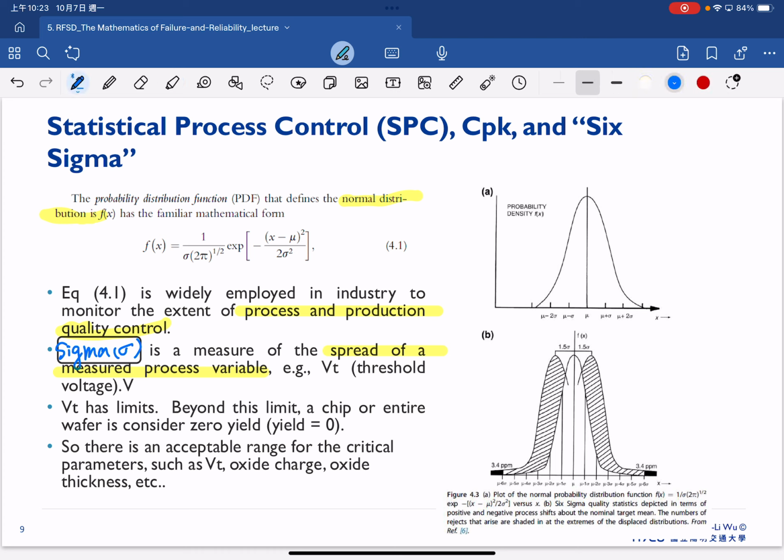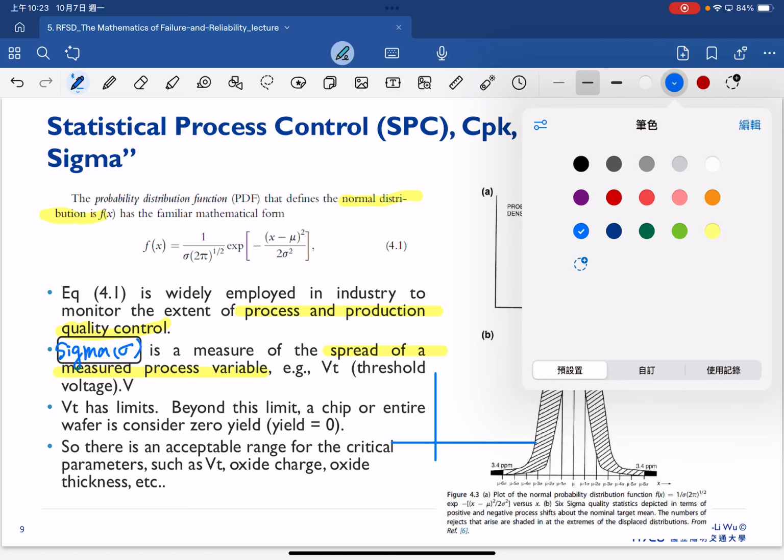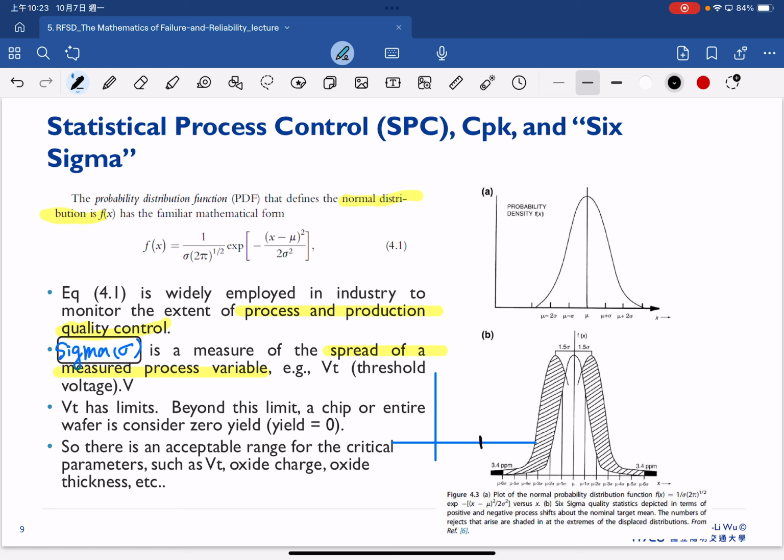So, for example, the threshold voltage has a limit. Beyond this limit, a chip or entire wafer is considered as zero yield. So for example, in our production, we can define the threshold voltage here, and we all know the threshold voltage has this normal distribution characteristic.